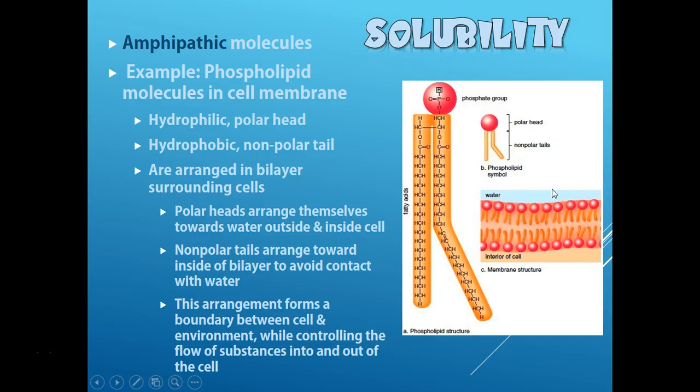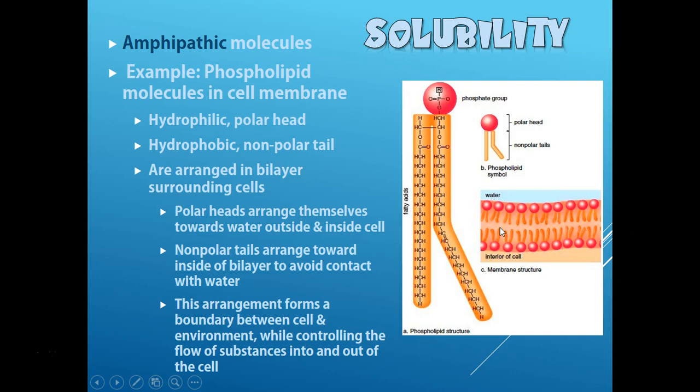You've got lots and lots of water going on outside your cells in your environment, and the interior of your cell, something we'll call your cytoplasm, also has a lot of water to it. So what ends up happening is that these phospholipids form this double layer, and it has to be a double layer to make this work, by the way, where those heads, which have a charge to them, can interact with the water both in and outside your cells and wall off or seal off this internal compartment full of these fatty acid chains where they don't have to interact with the water.